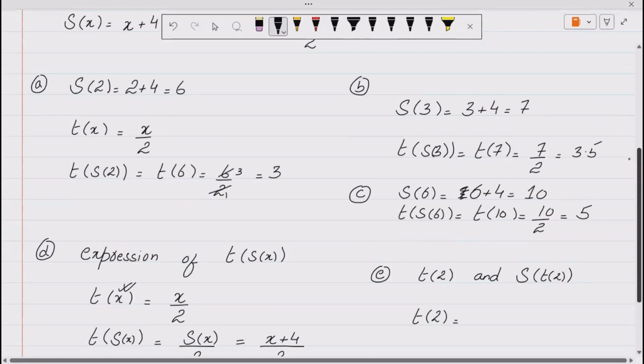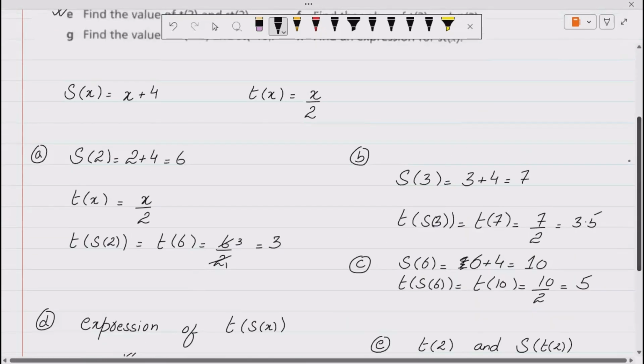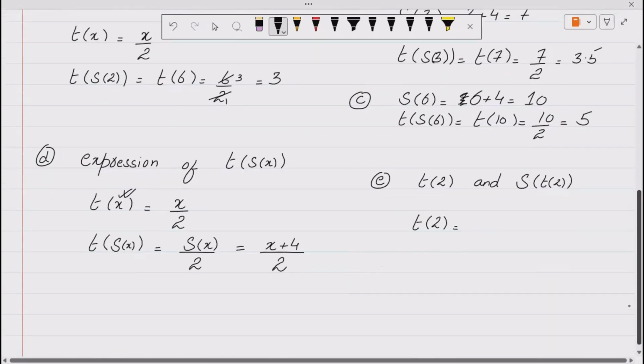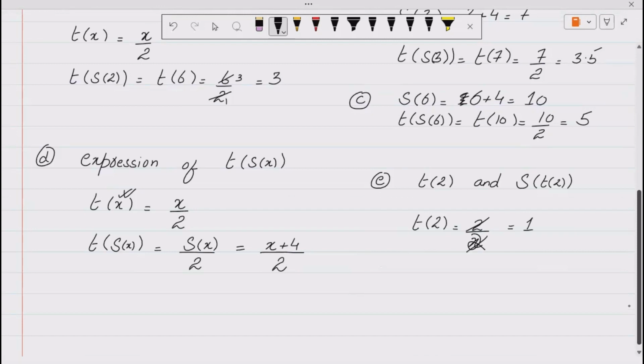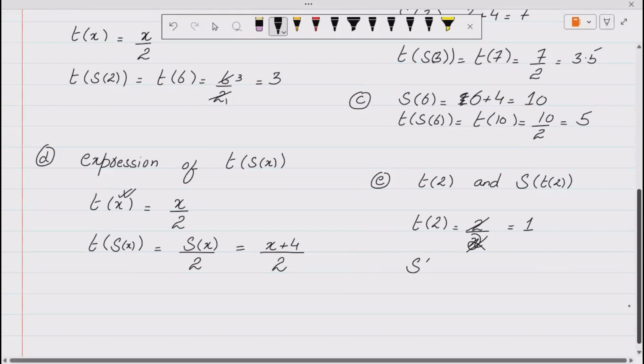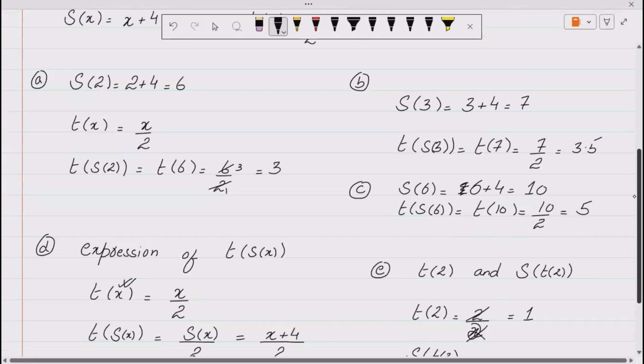T of x is x upon 2, so for T of 2 we write 2 upon 2 in place of x, and 2 divided by 2 is 1. Now we have to find S of T2. T2 is 1, and S of x is x plus 4, so we have to find S of 1. So 1 plus 4 is 5.